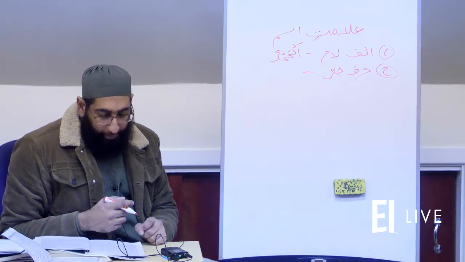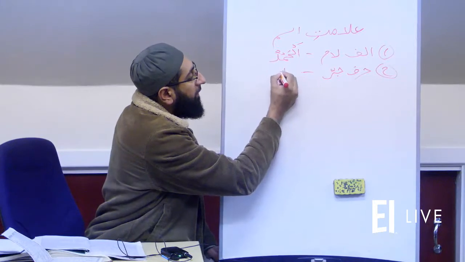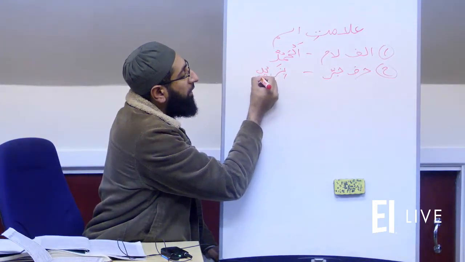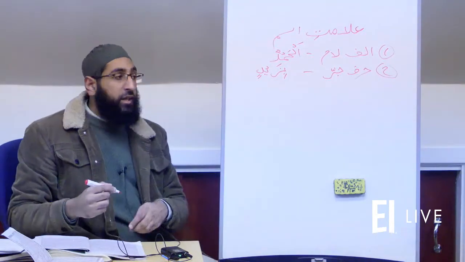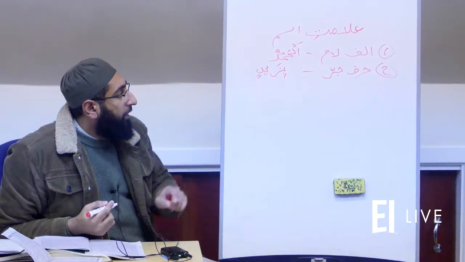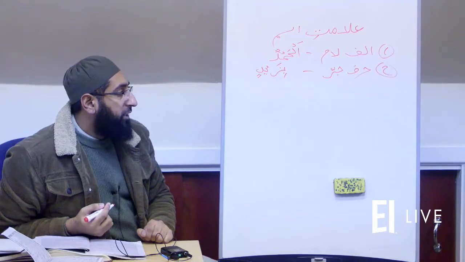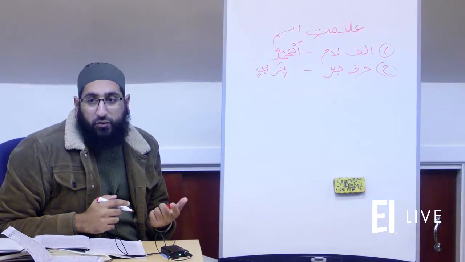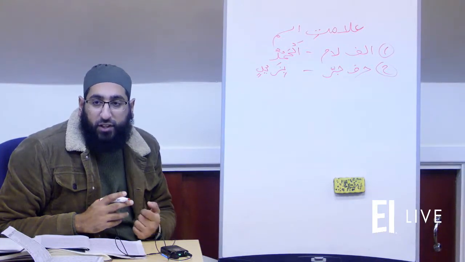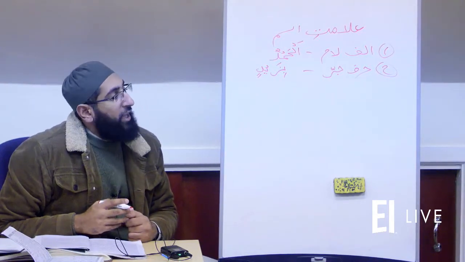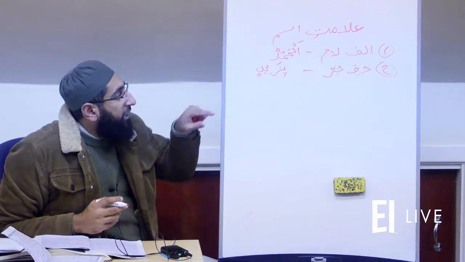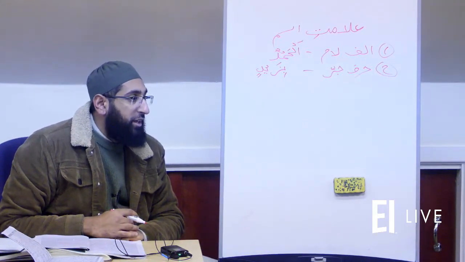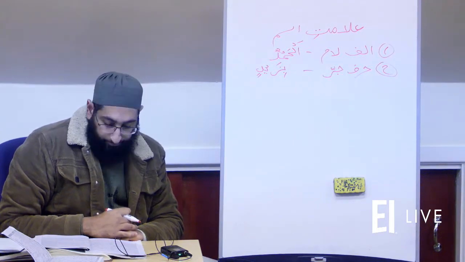Like bi zaydin. The B is a harf jar. Zaid, you could normally read zaydun, zaydan, zaydin, but you have to have a choice. Something has to give it amal. So therefore B is a harf jar, it gives a jar. It gave the dal a tanween kasra. No alif lam on zayd is there, so it'll take a kasra.